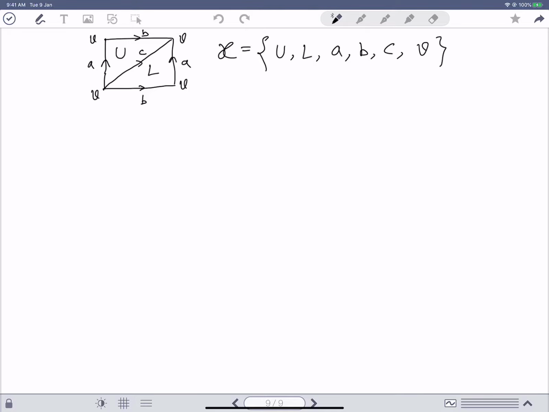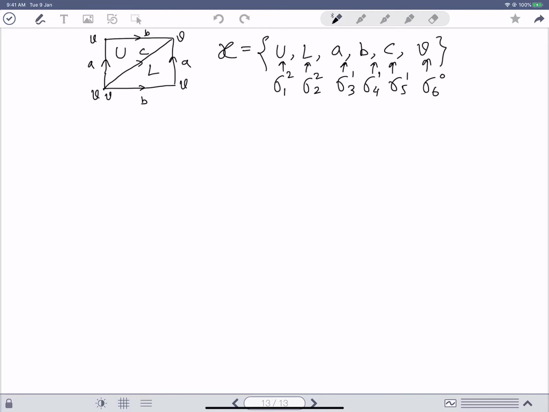This is my sigma 1, this is sigma 2, this is sigma 3, sigma 4, sigma 5, sigma 6. This is 0 dimensional. These 3 are 1 dimensional, and these 2 are 2 dimensional.